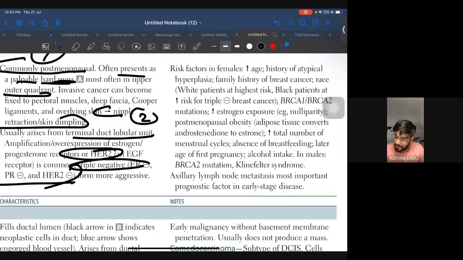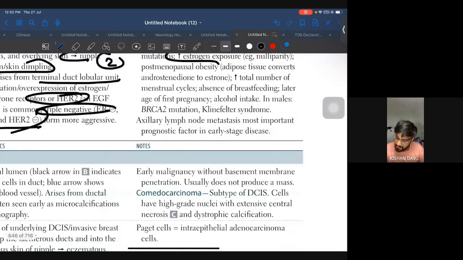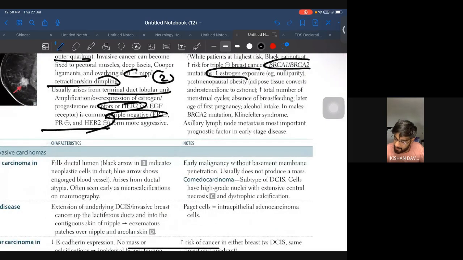Risk factors in females, increase in age, history of atypical hyperplasia, family history of breast cancer. All these are important. BRCA1, BRCA2, increase in estrogen exposure, everything is important. Okay. So here you just have to remember that BRCA1 is important in female, whereas in males BRCA2 is important. Okay.